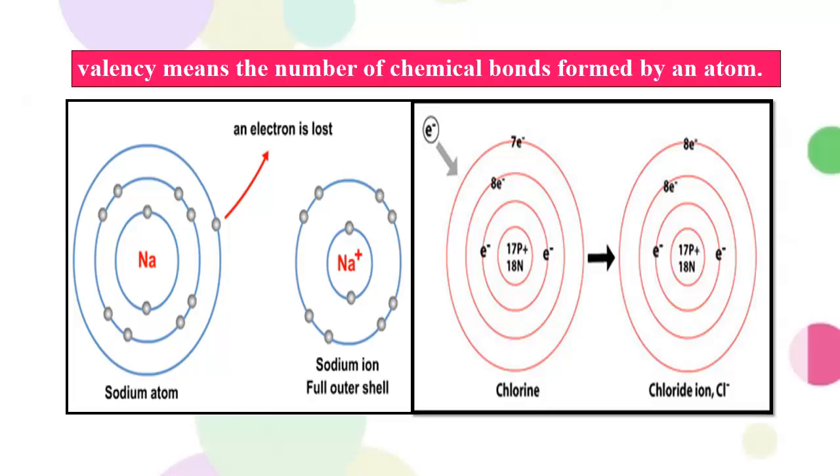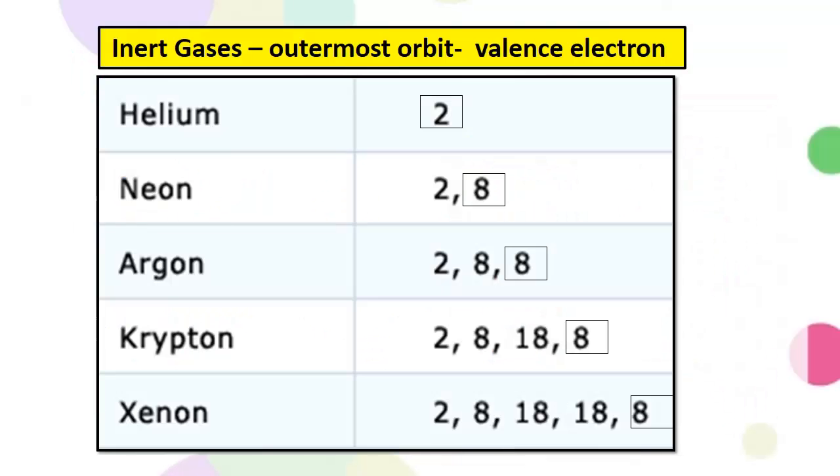So here sodium becomes a positive ion. Chlorine has 17 electrons, so 2, 8 and 7, right? So for chlorine to accept 1 electron is easier. So when the electron is accepted by chlorine, the negative charge will increase and chlorine becomes a chloride ion. Now sodium loses an electron and becomes a positive ion.